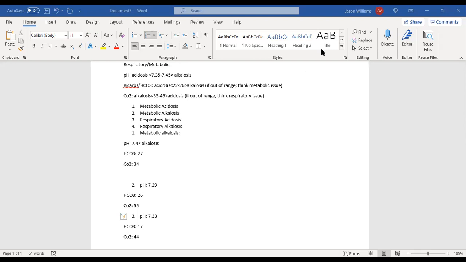Do you all agree that number 2 is respiratory acidosis? Yes. I had it for sure, but I don't know why I still had it backwards. But I get it now.